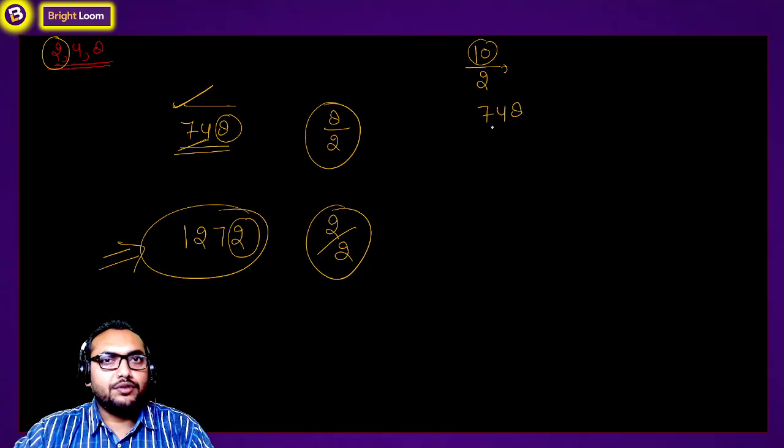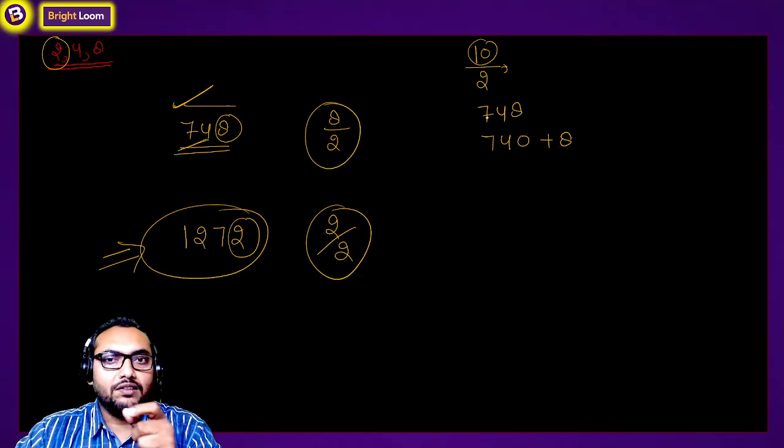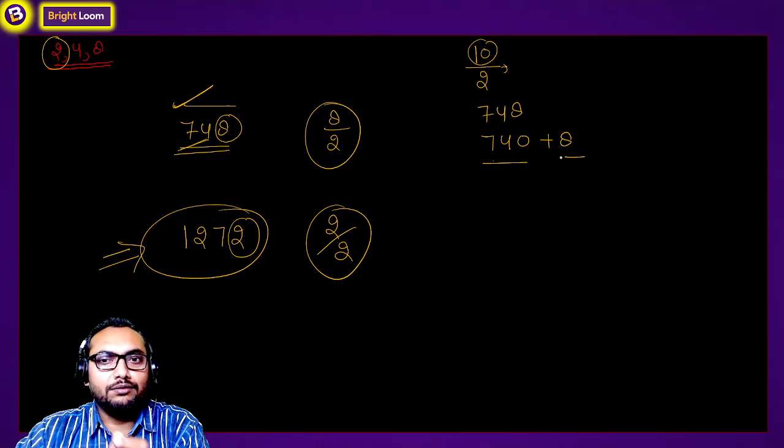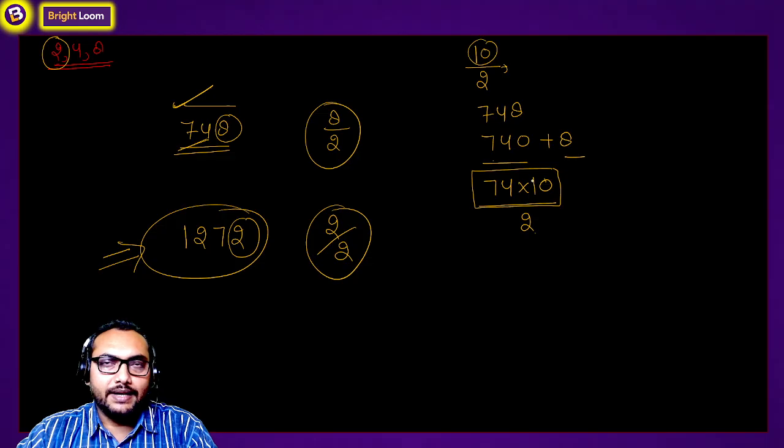Now you just need to take out the unit digit, the 8, from here. So I can split 748 as 740 plus 8. Now 740 can be written as 74 times 10, and I know 10 is completely divisible by 2, which means 740 is also completely divisible by 2.